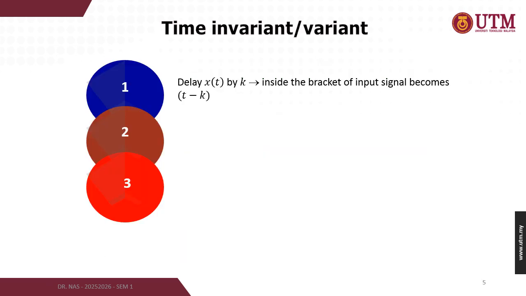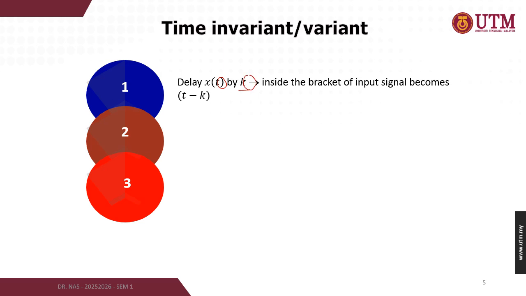Okay, there are generally three steps you need to consider in order to determine whether the system is time invariant or variant. The first step is to delay x(t) by k, meaning that the t or n inside the bracket must be delayed by k.